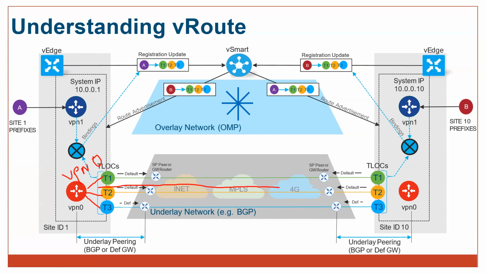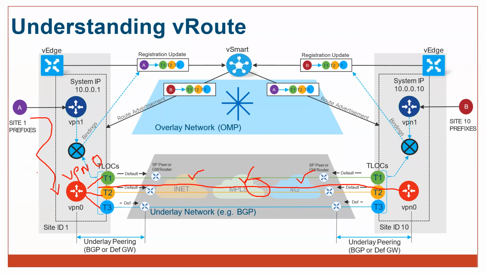So that means between here and here we have an IPsec tunnel over internet, over MPLS, over 4G, right? So that means prefix A will reach VPN 0.